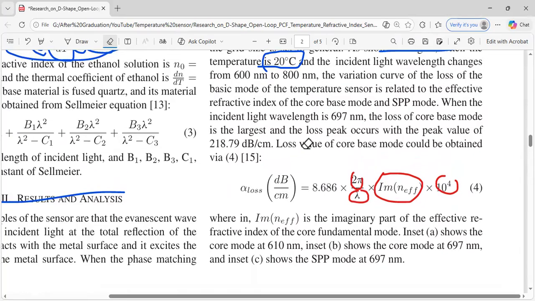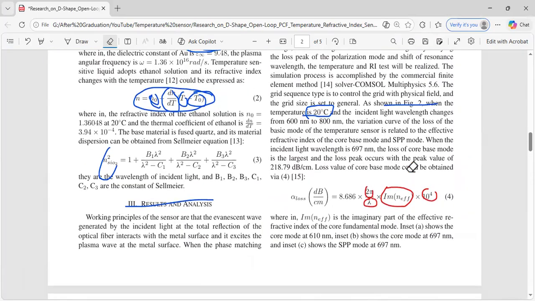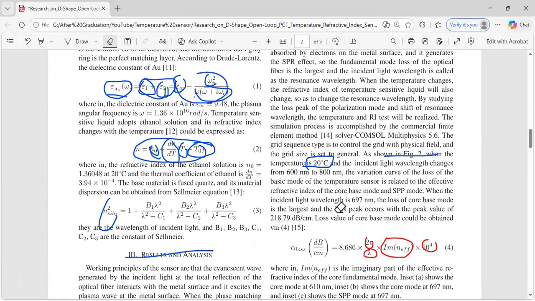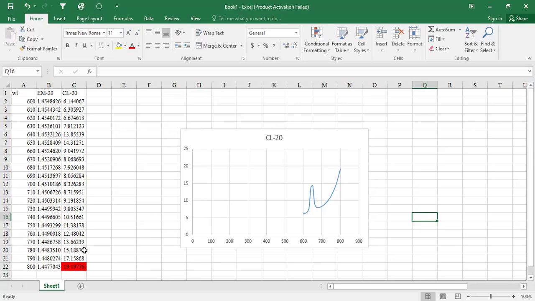So for our case, the resonance wavelength must be 697, but here for our case, the resonance wavelength is at 650.